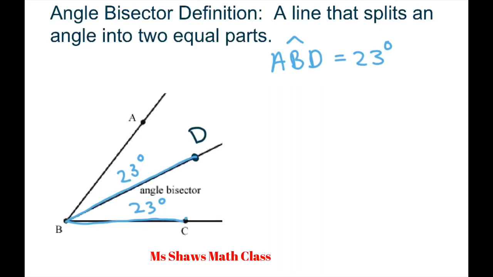All right, so DBC is also equal to 23 degrees.